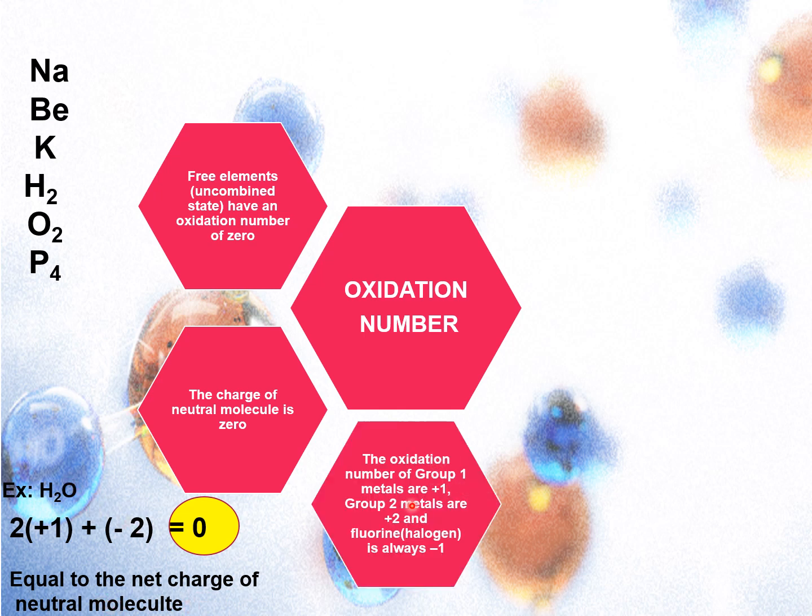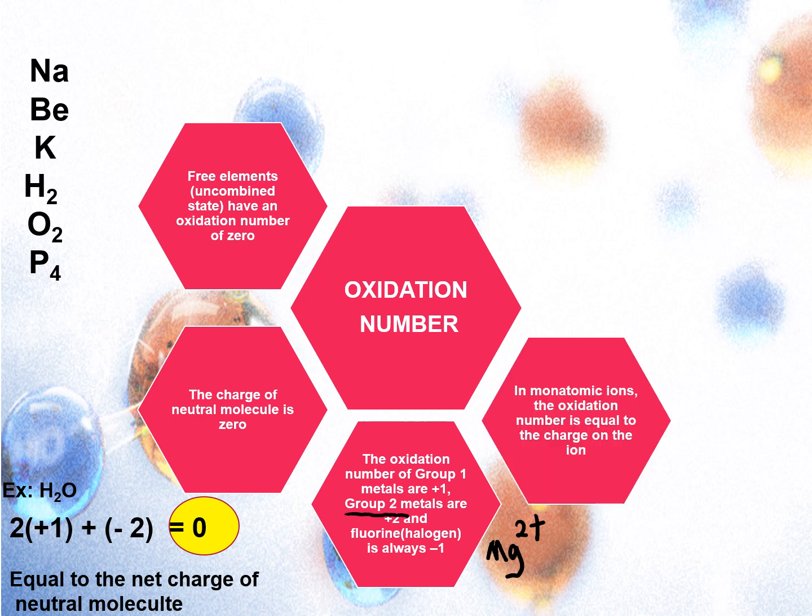Third, the oxidation number of group 1 metals is positive 1, group 2 metals is positive 2, and fluorine or any halogen atom is always negative 1. Such as magnesium, from group 2. The charge for the magnesium ion is Mg2+, so positive 2 is the oxidation number for magnesium from group 2.